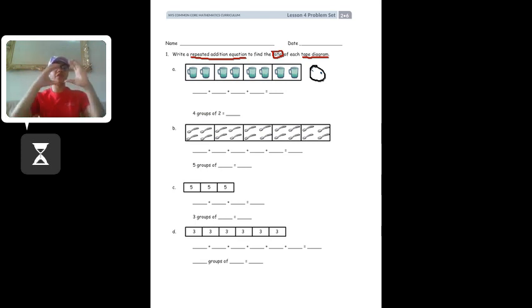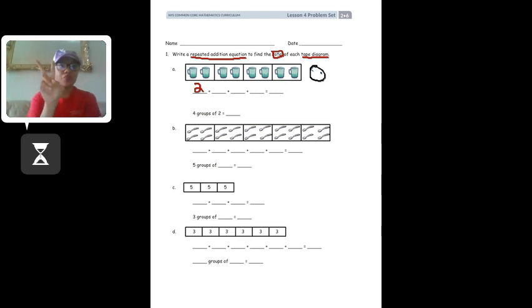So if you look in that first square, the first rectangle of the tape diagram, how many cups do you have in that first square of the tape diagram? 2, that's right. So I'm going to grab my red pencil and I'm going to write the number 2 in my first blank, the first addend, because I only have 2 cups in that first group of the tape diagram. Then let's go to that next part.